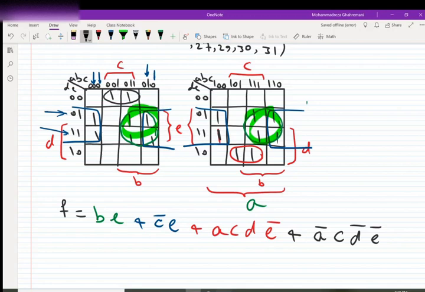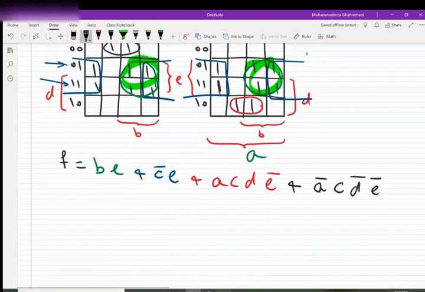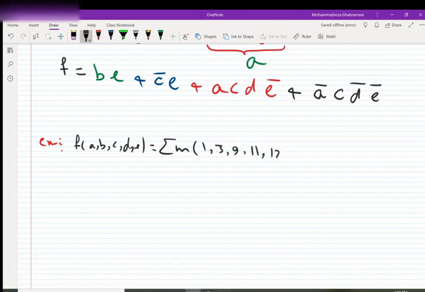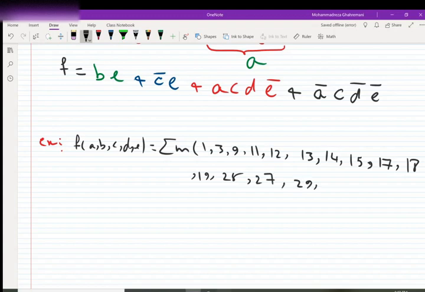Okay, so let's see the last example for a K-map in the form of sum of product. Example: we want to find the minimum cost sum of product of f of a, b, c, d, e, which is sigma m of 1, 3, 9, 11, 12, 13, 14, 15, 17, 18, 19, 25, 27, 29, and 31.